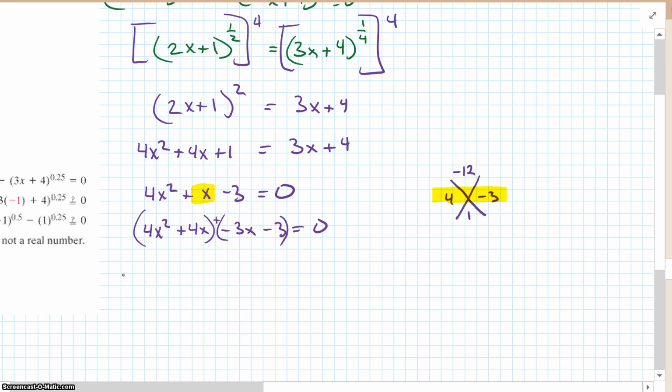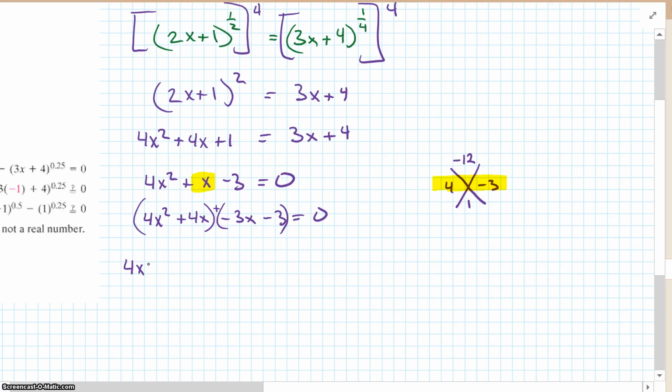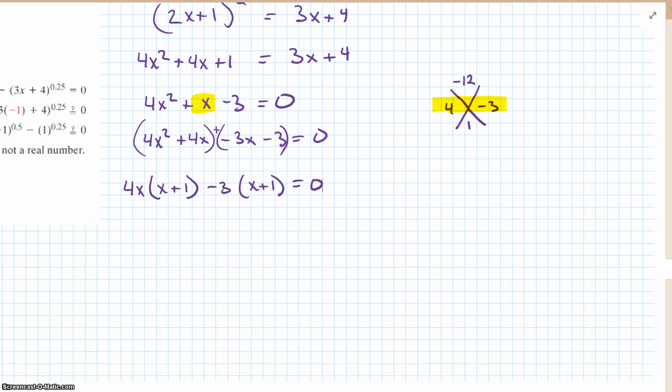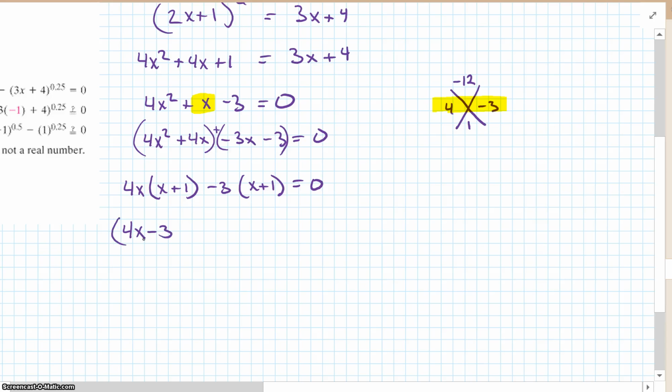On the left side I can factor out a 4x, and I get x plus 1. On the right side I can factor out a negative 3 and I get x plus 1. So by distribution properties I can say (4x minus 3) times (x plus 1) equals 0.